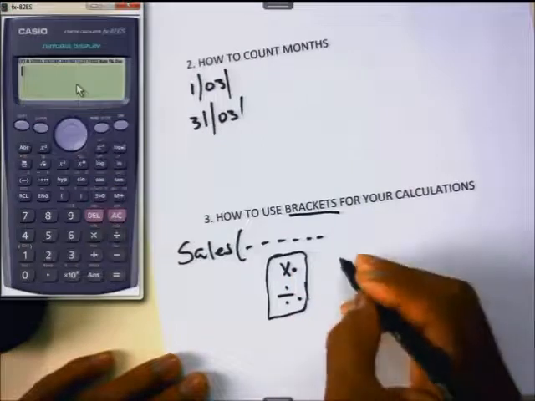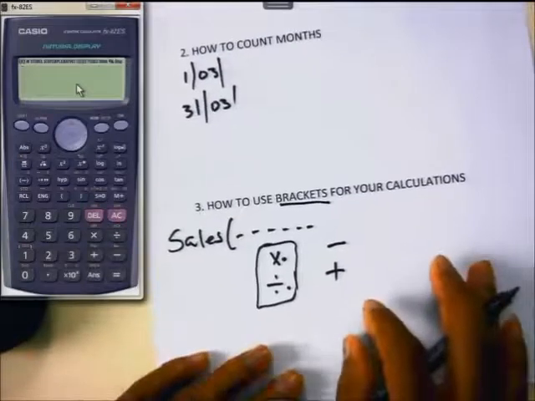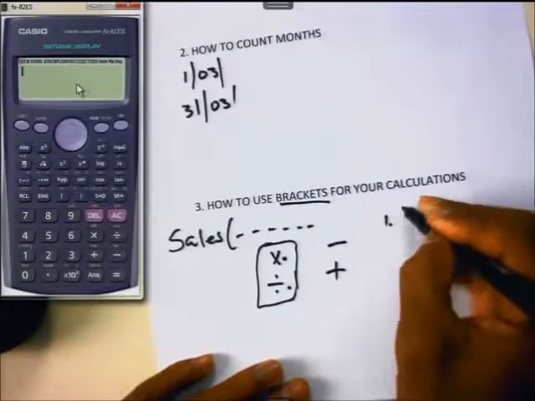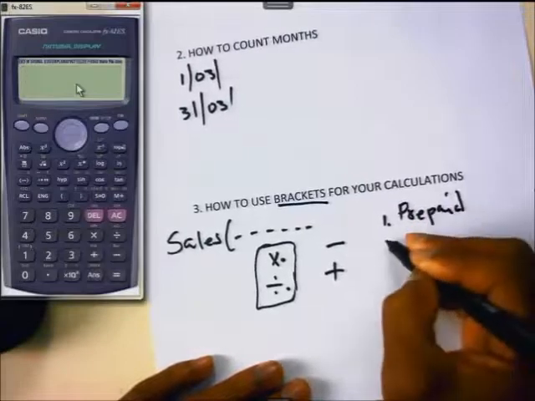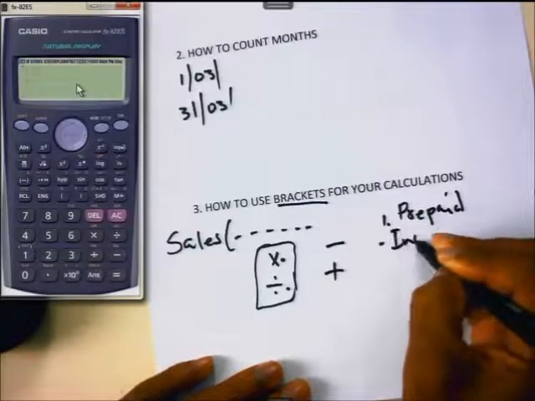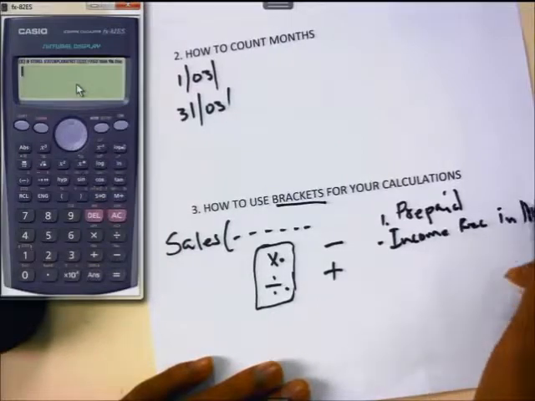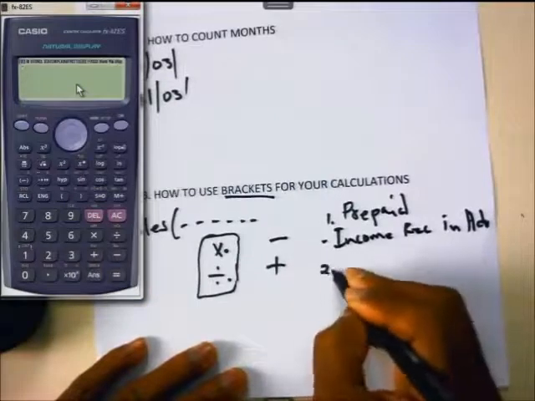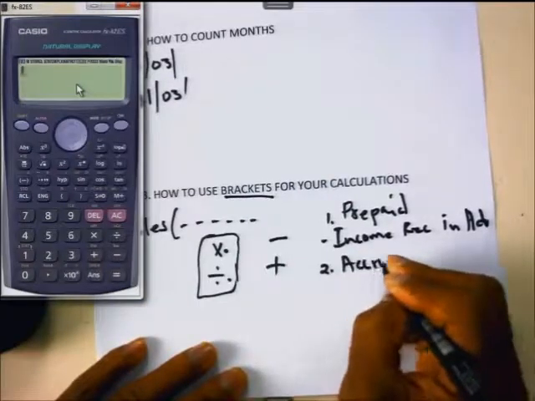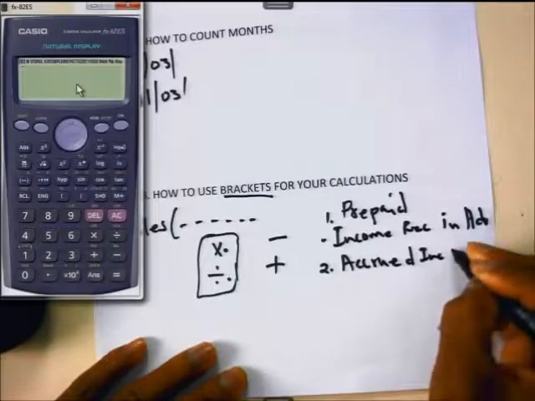You only need the minus sign or the plus sign. And what determines it? That depends. It depends on, number one, is it a prepaid expense? If it was paid in advance, or it was income received in advance, or whether it was accrued, it was outstanding. So it will either be accrued income or accrued expense.